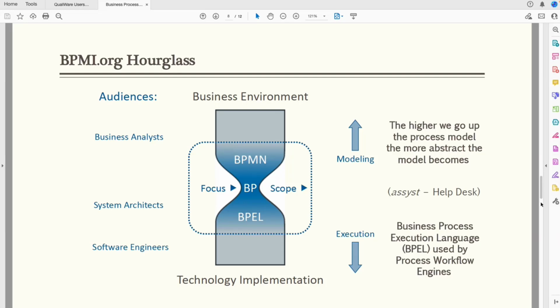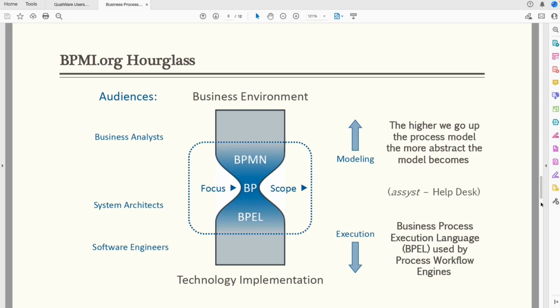The whole purpose around BPMN was to bridge this gap between the business side and the engineering side. That was key. And that means that every shape, every object in BPMN has BPEL structure underneath it.